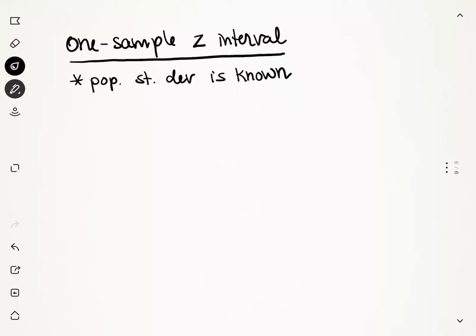When we're performing this test, on the AP exam you can either simply write the name of the test, in this case an interval, or you can give the formula for this interval. So you can write on your paper x bar plus or minus critical z times the population standard deviation divided by the square root of n.